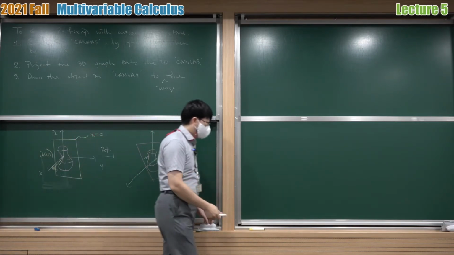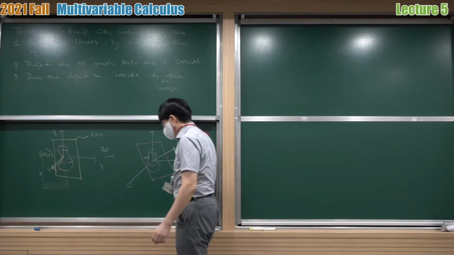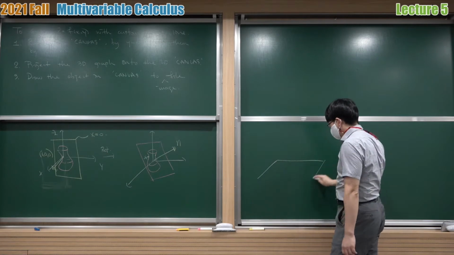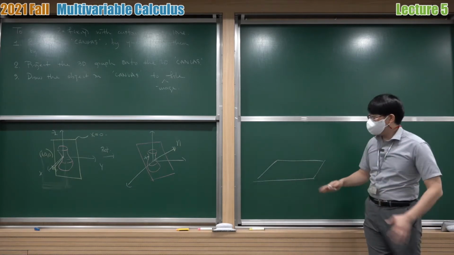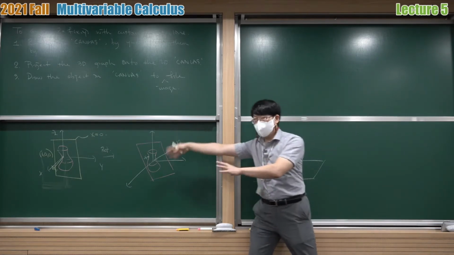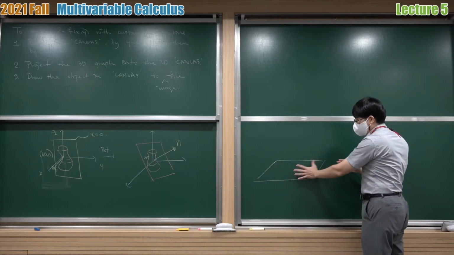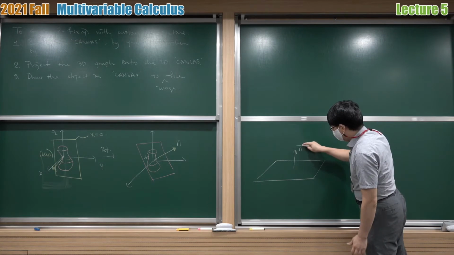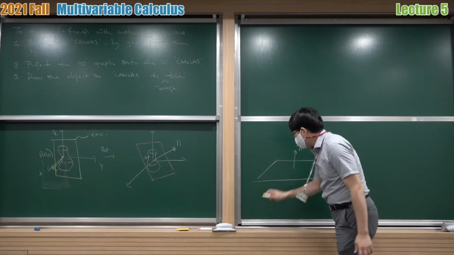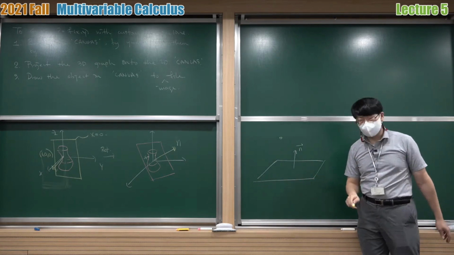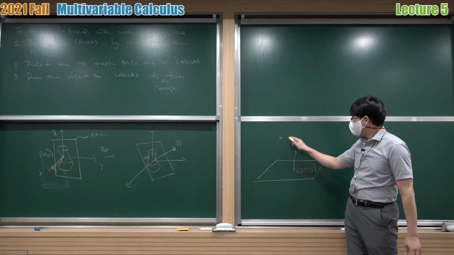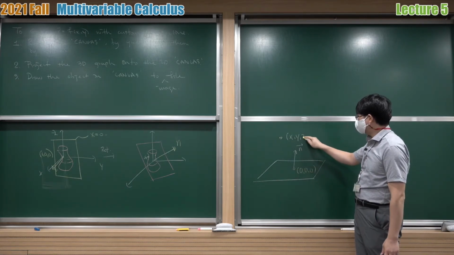So I'm going to draw another, better picture. Suppose that I rotate these axes and put this rotated canvas in this configuration. And then this is our normal vector. And then let's say we have a vector here, and this is the origin. Here is a random point, (x, y, z).